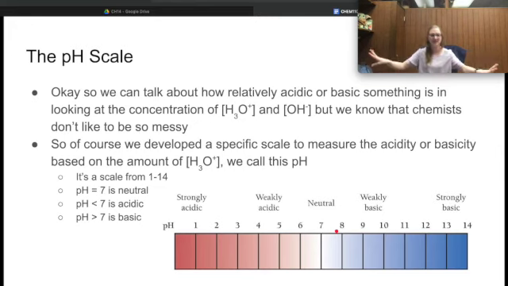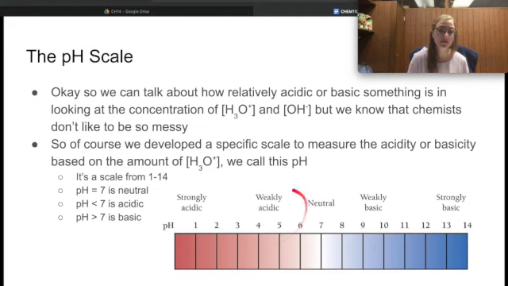Anything greater than 7 is basic, because down here we have a really high concentration of H3O plus. And then if we're in a land that's greater than 7, we have a very small concentration of H3O plus, which means our concentration of OH minus is very high, so it's more basic.